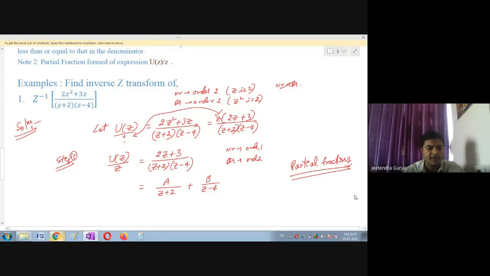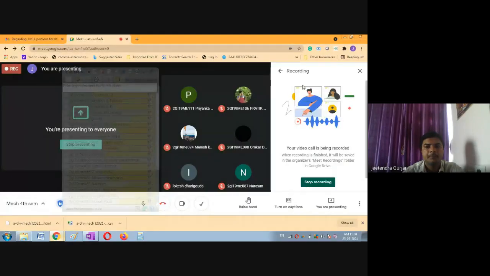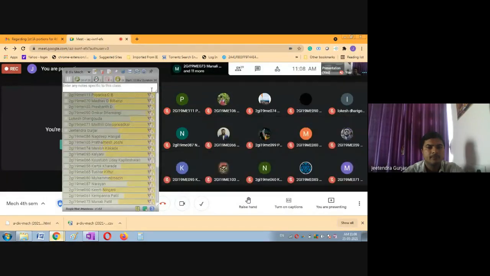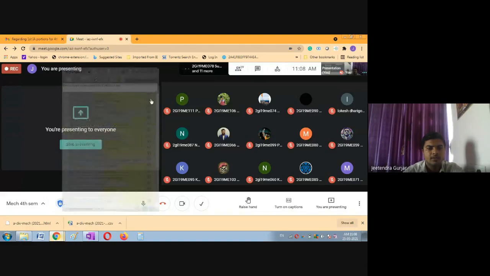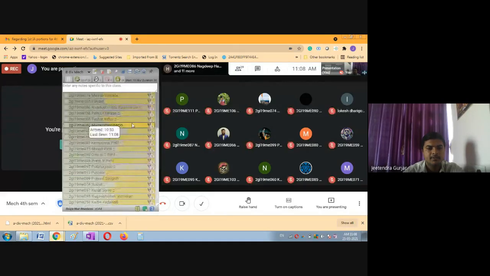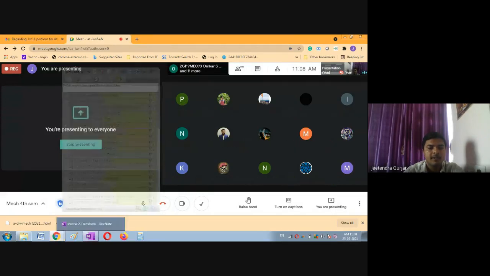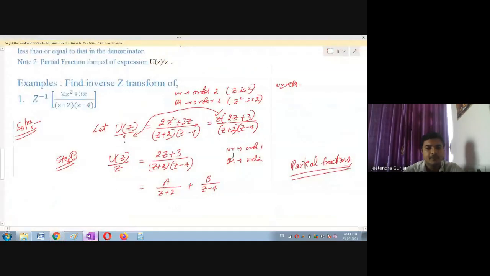Solve partial fraction, beta. Yes, students, very simple, finding A and B. Yes, Mahadev, please try. Prashant, Omkar, Lokesh, Mazin, Prabhu Goda, you have joined very late today, beta. Yes, please solve A and B and tell me.